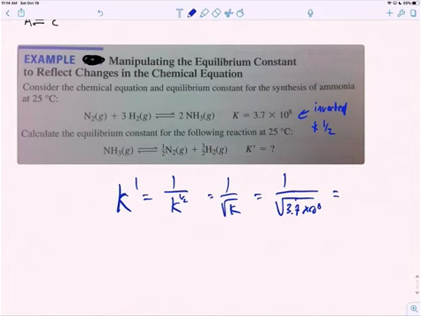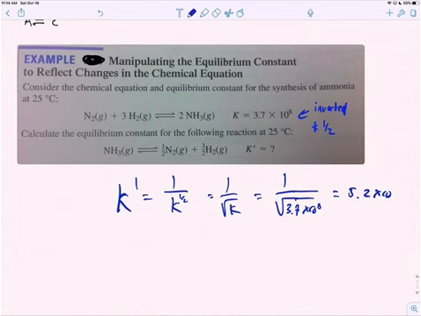1 divided by the square root of 3.7 exponent 8. And this is, how many sig figs? 5.2 times 10 when you count the zeros. 1, 2, 3, 4, 5. Wait, 1, 2, 3, 4, 5, 6.